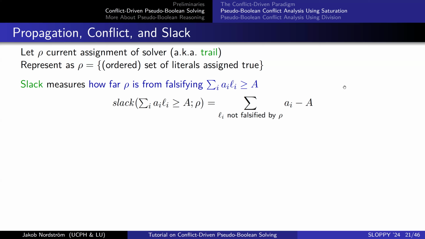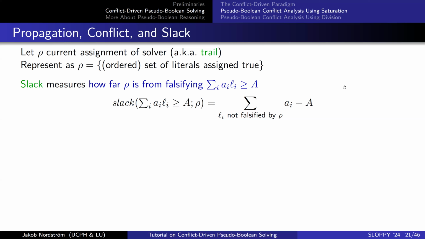Note that I'm assuming normalized form here. This is important, right? Everything is non-negative. So if l_i is set to true, this contributes a_i meaningfully. If l_i is false, then it's not contributing. Okay? Everything you see here is non-negative. So falsified literals l_i cannot make the constraint happy.